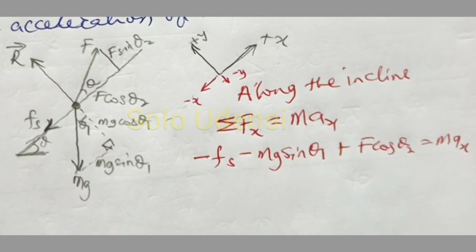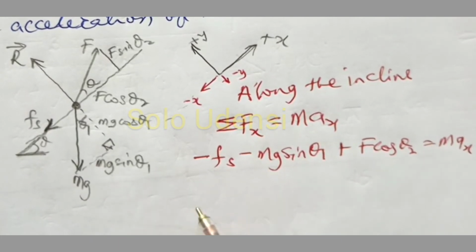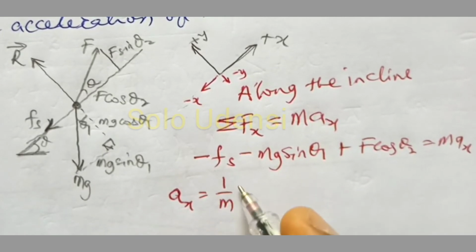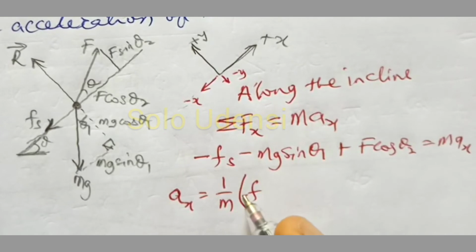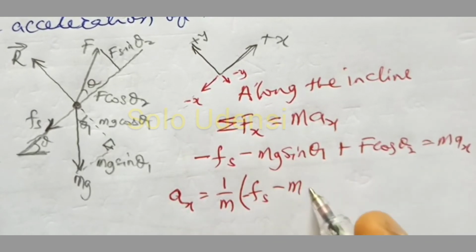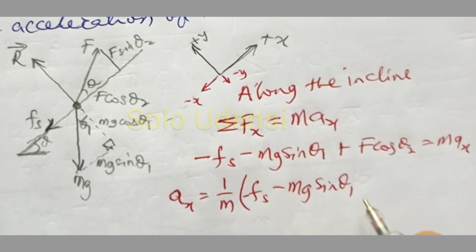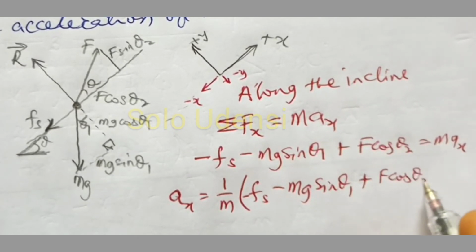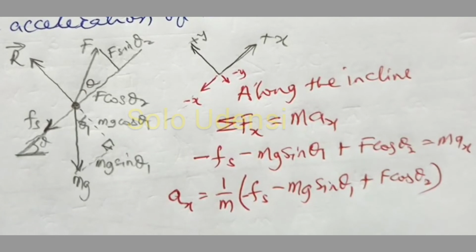We are trying to find ax. So ax equals 1 over m into F cos θ2 minus Fx minus mg sine θ1.